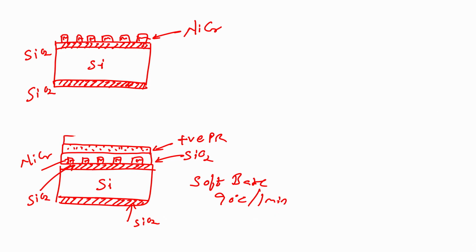After this, I will load the mask, and this time my mask should be such that I want this area to be opened. Which area? The contact area of the heater, the heater windows, should be opened.